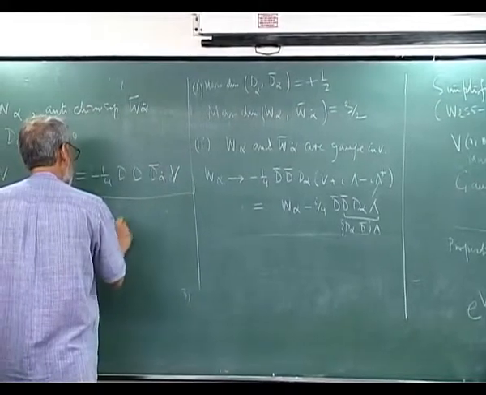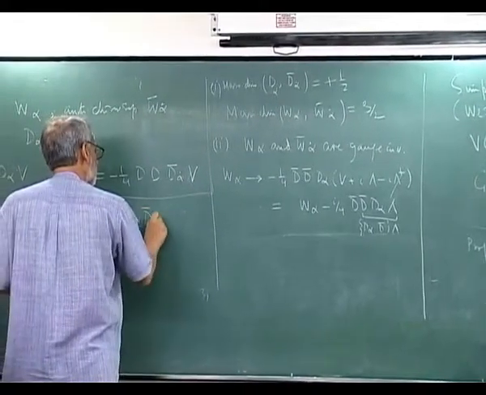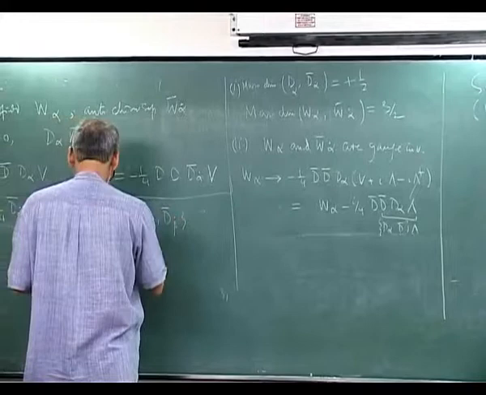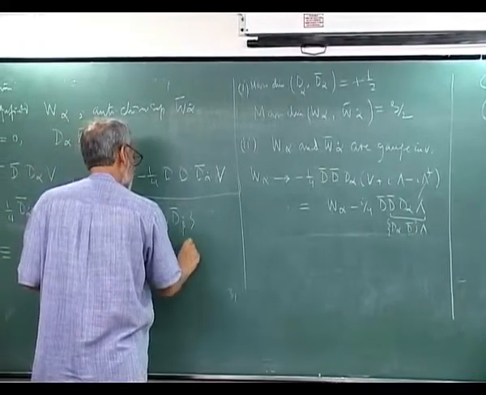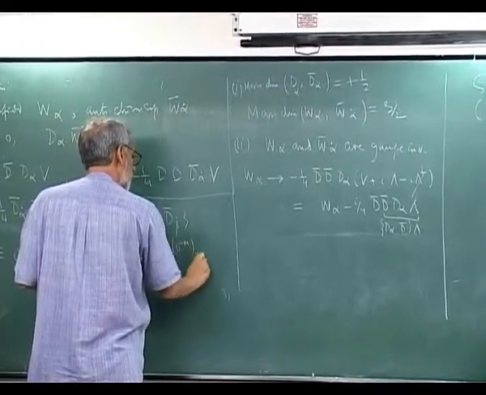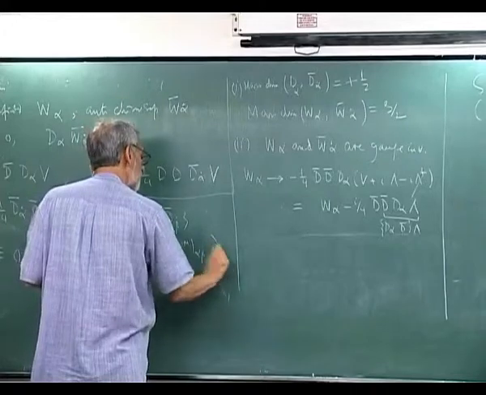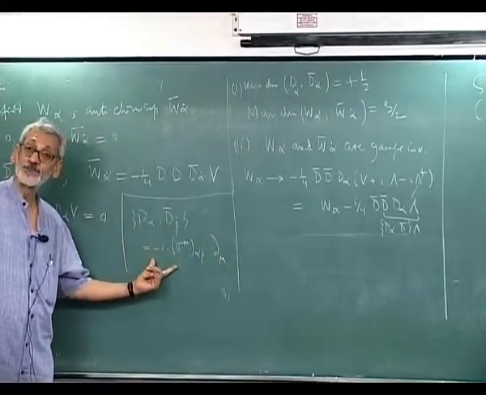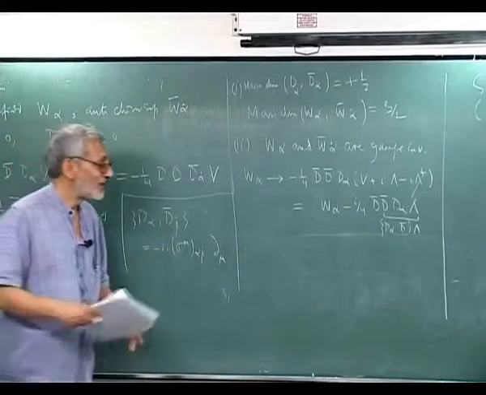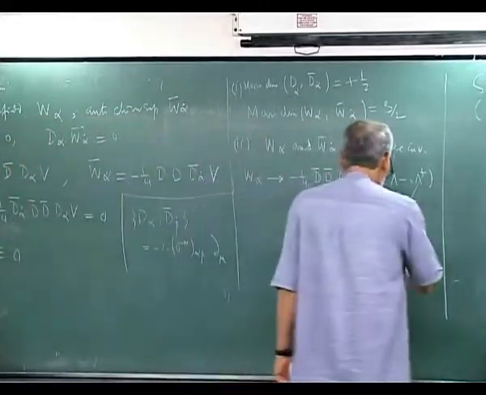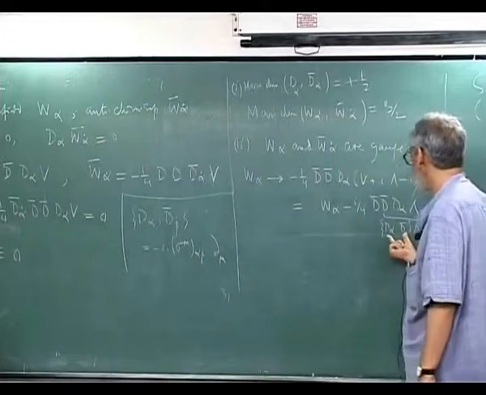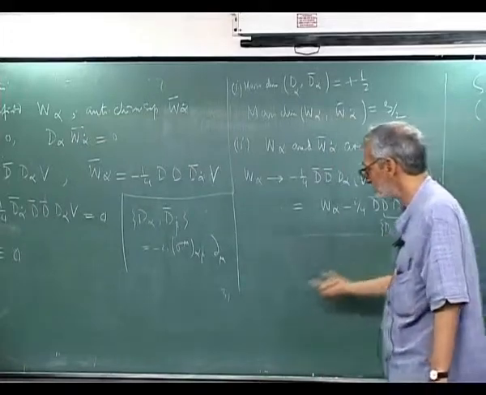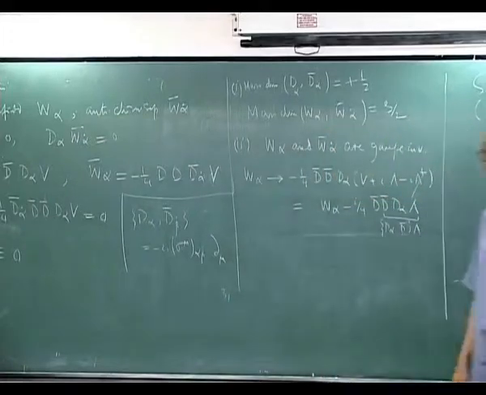D alpha D bar beta dot anti-commutator was minus 2I sigma mu alpha beta dot times d mu. This is the algebra we did earlier. So this object I can replace by this.